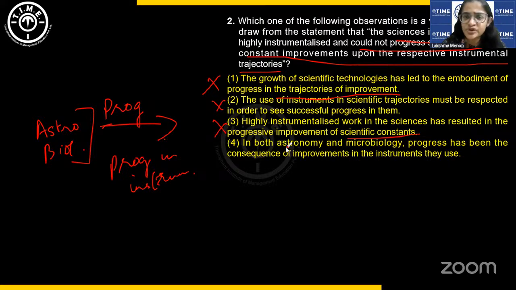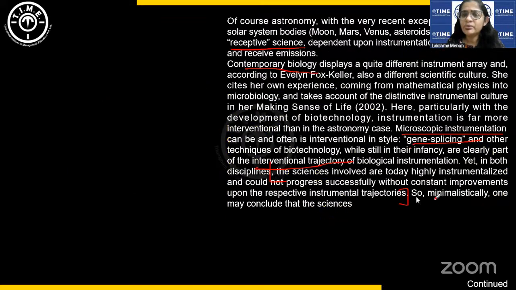In both astronomy and microbiology, the author has specifically mentioned microbiology as the branch of biology where technology is involved. Progress has been the consequence of improvements in the instruments they use. See here, very simple. Progress in these two sciences, the only thing may be microbiology, but the author talks of microscopic instrumentation, right?